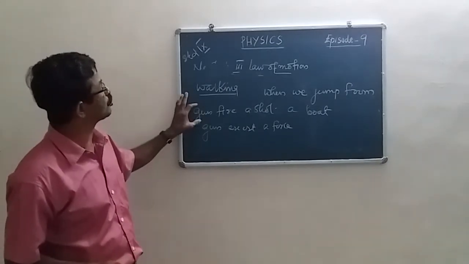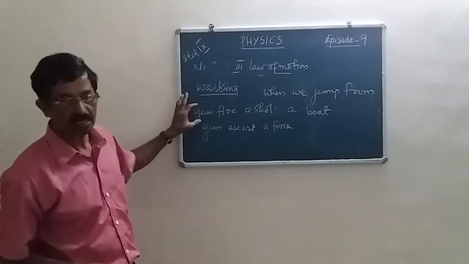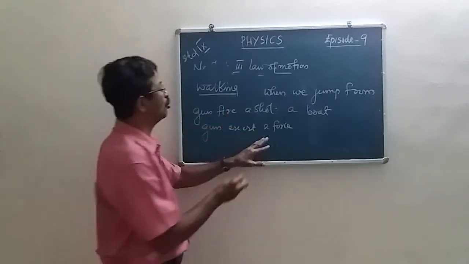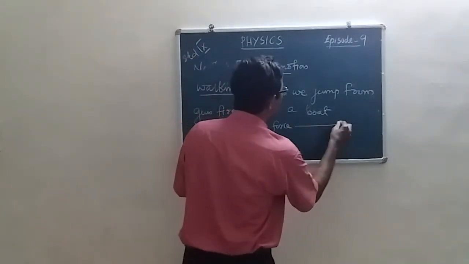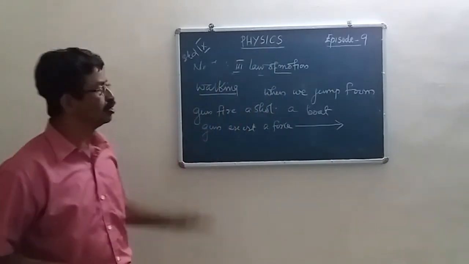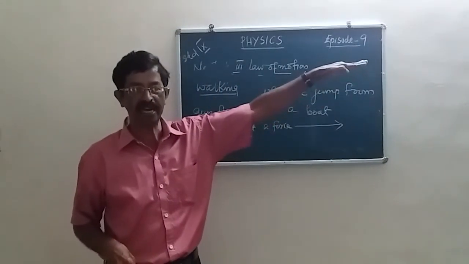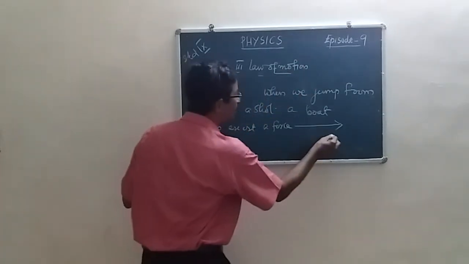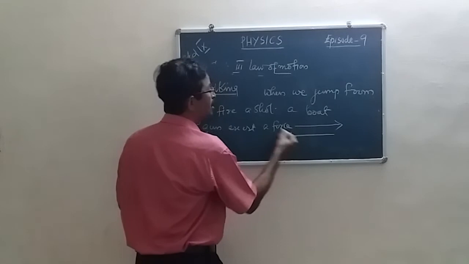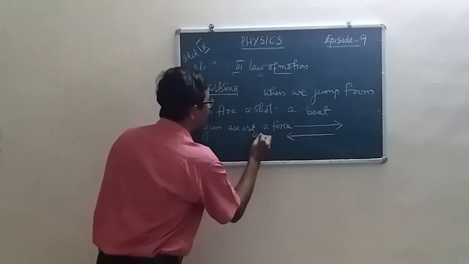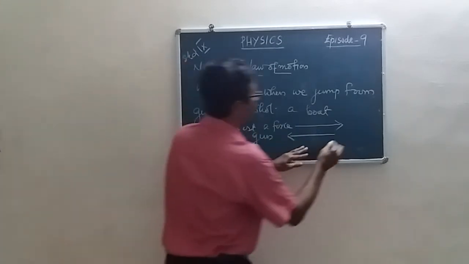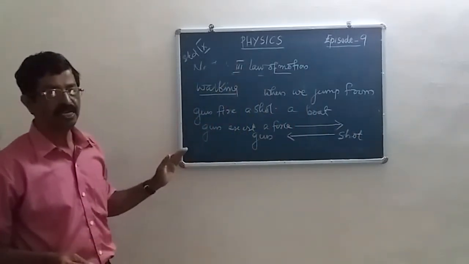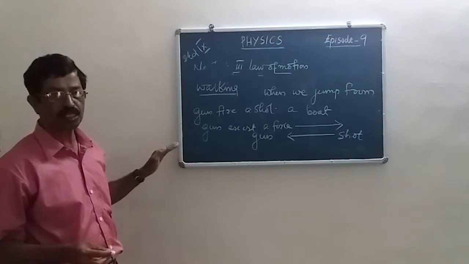When a gun is used to fire a shot, the gun exerts a force on the shot and it moves forward, with a high velocity. Then the shot exerts a force on the gun, in the backward direction. Because of that, the gun moves backward.